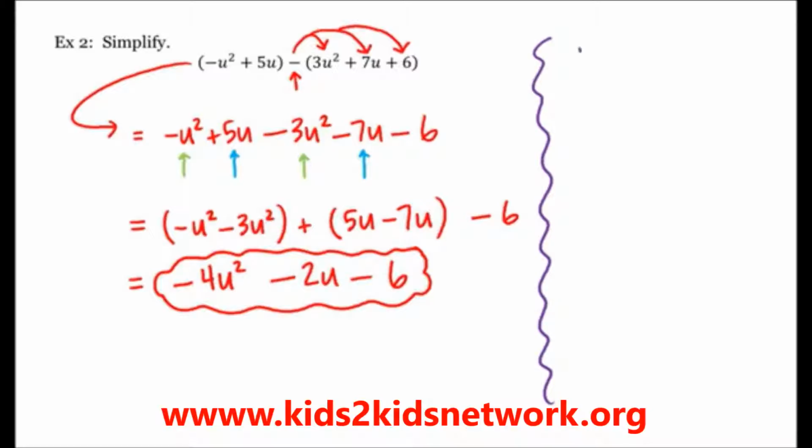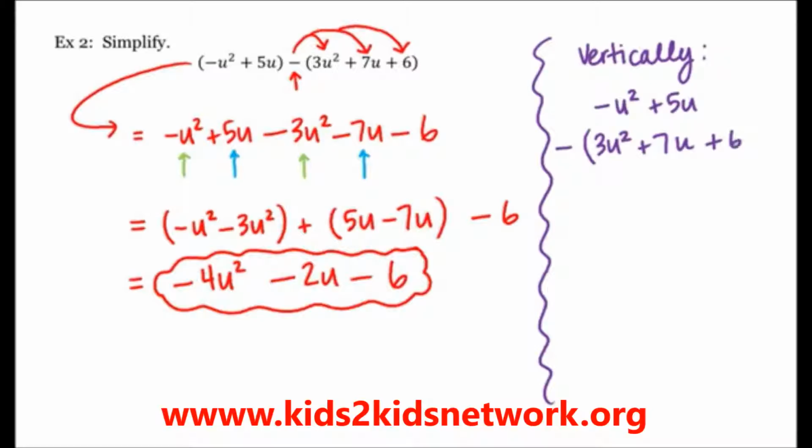And now if we try to do this vertically, we have to be careful here because of the subtraction. In other words, we have negative u squared plus 5u, and then minus, but it's minus the entire second polynomial, this 3u squared plus 7u plus 6.